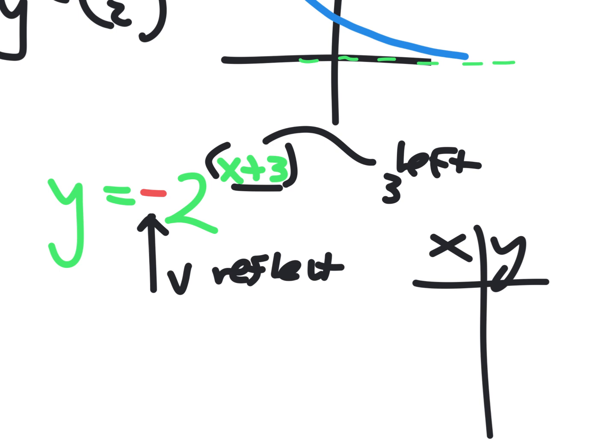Next, be really careful that you do this part first, inside the red box first, and then you stick the negative on it. That's a really common mistake. Kids come in thinking that you take -2 and put it to the power of. Nope, you don't. You put 2 to the power, and then you make it negative.